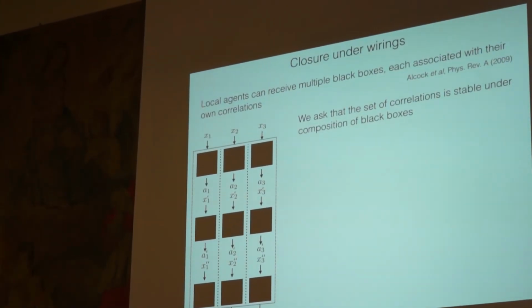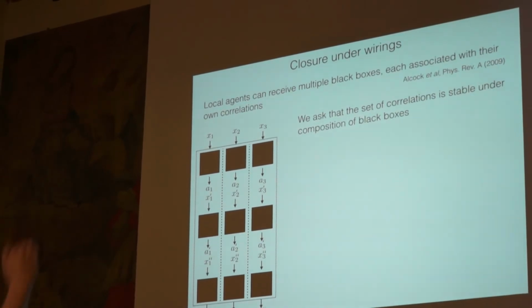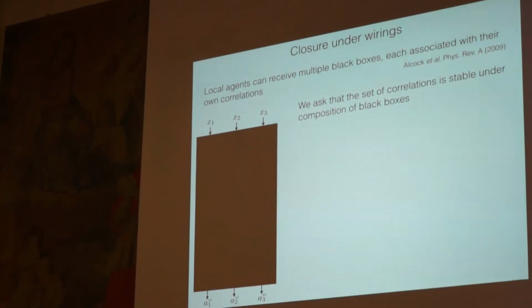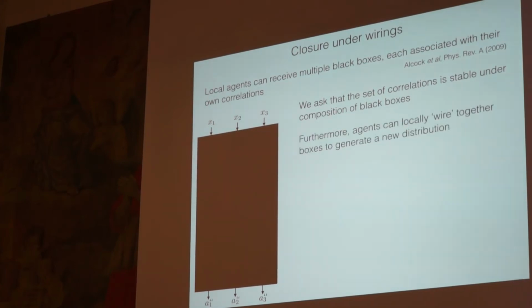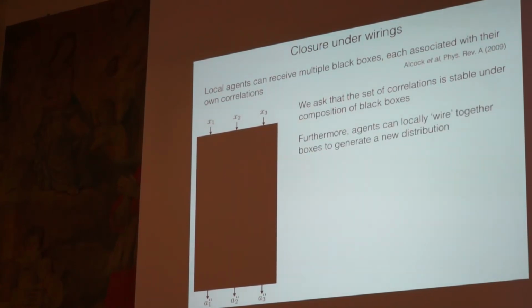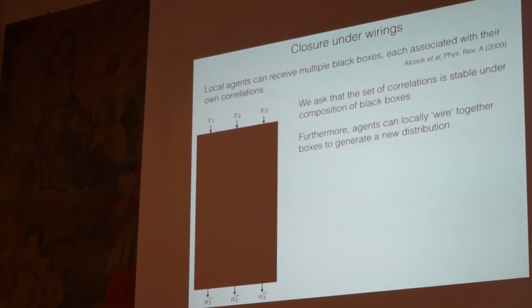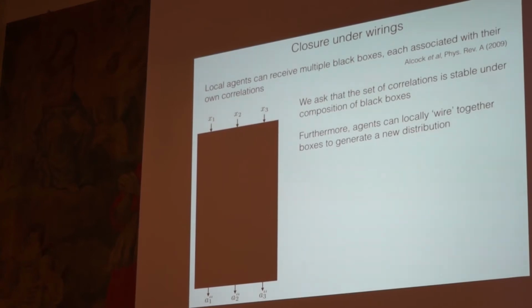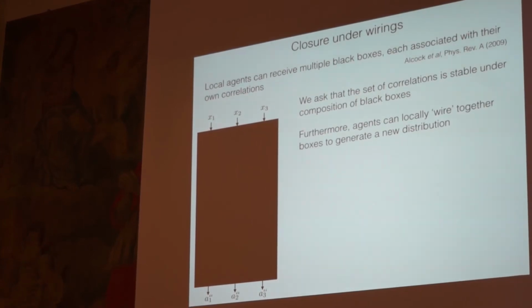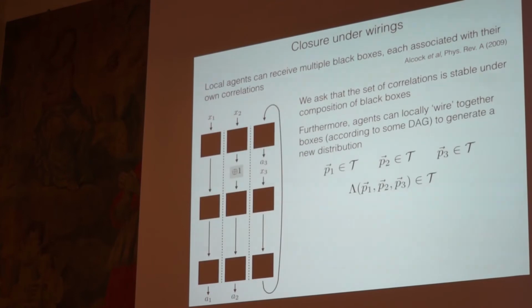So I can have some general set of inputs and outputs, and then I treat that whole thing as a big black box, and I ask that it's still in the set after I've done that coarse graining. And then furthermore, the agents can locally wire together their boxes according to some circuit, which is a technicality, to generate a new distribution.